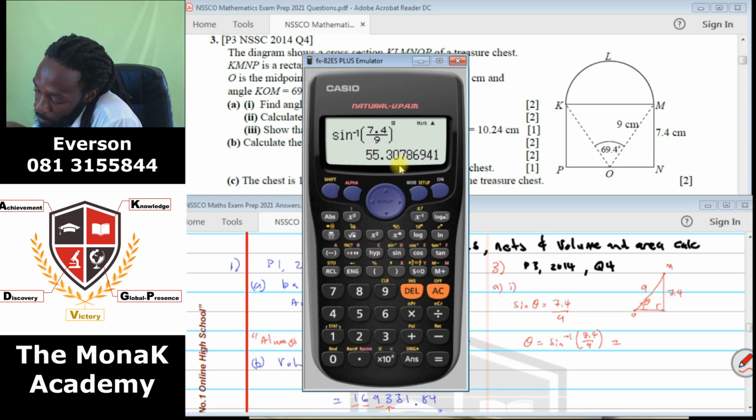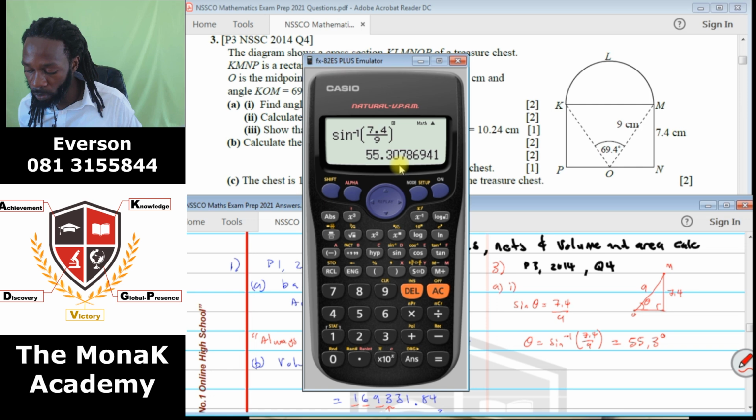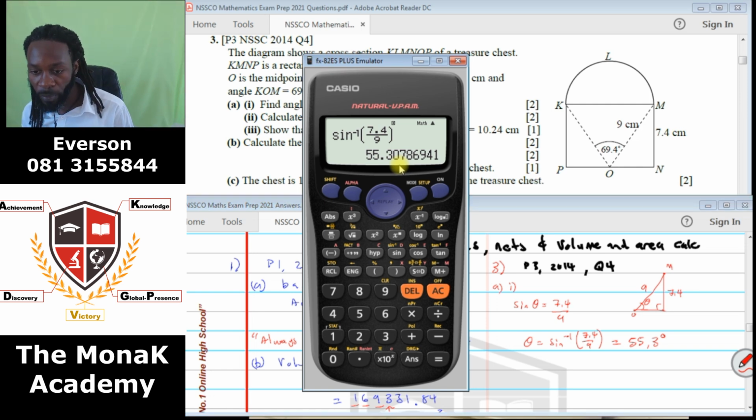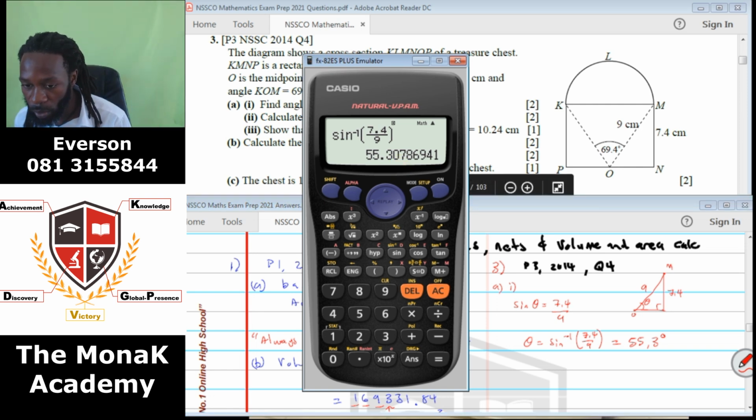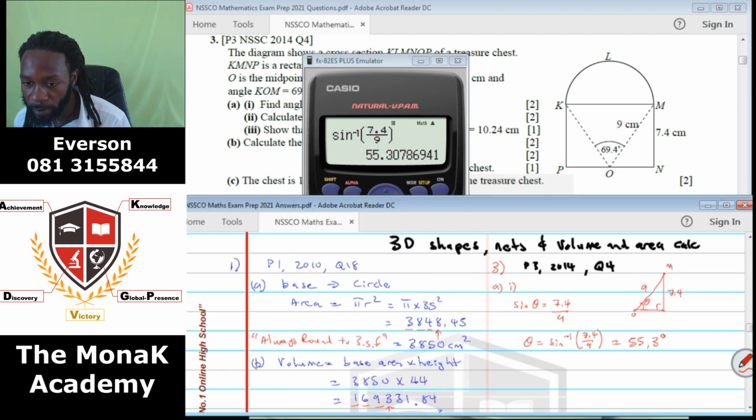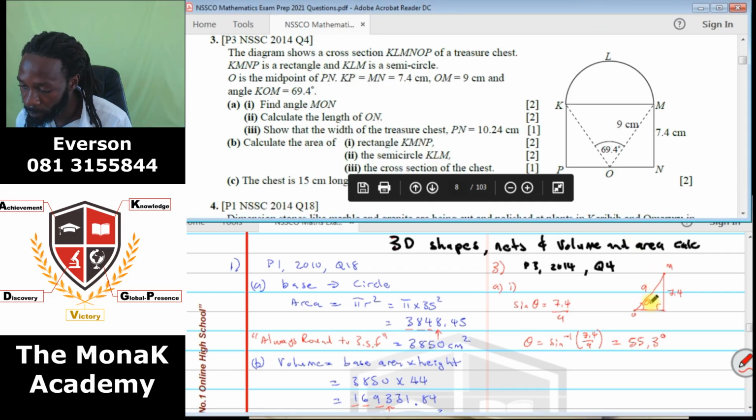So it's 55.3 degrees. Angles always round off to 1 decimal place. Everything else, you can always round off to 3 significant figures. All right, we'll look for the next question.